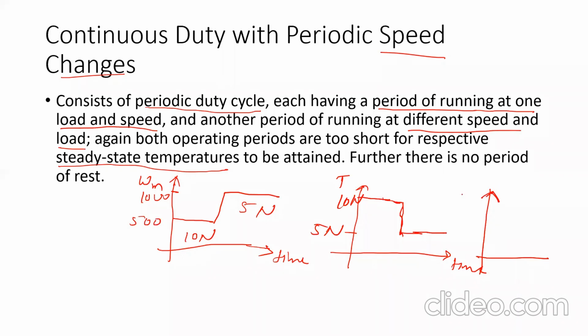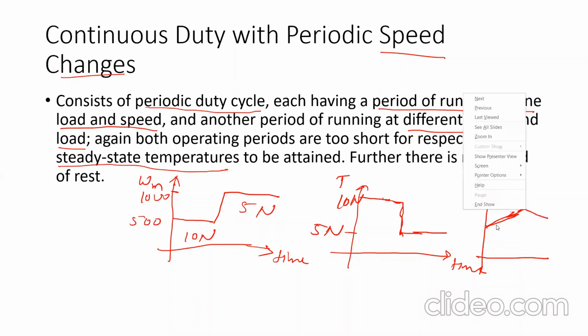Maybe different time-temperature curves are there. For some time the temperature curve may be like this. For example, in this case the temperature increased when the load is 10 newton, and when the load is 5 newton the temperature will drop somewhat.